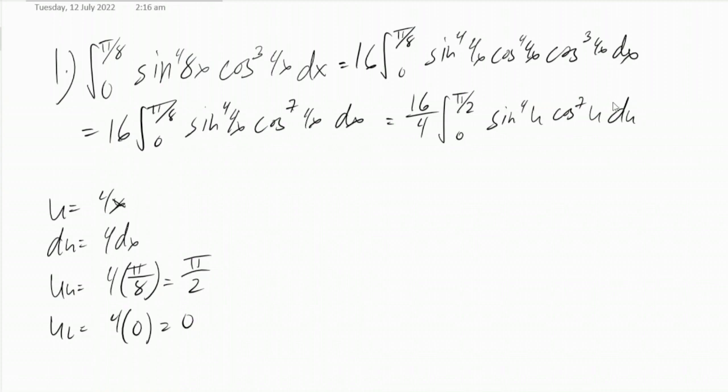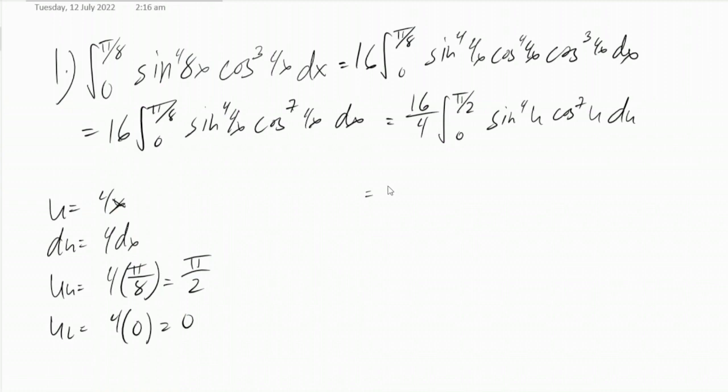Since we put 4 here, we also put 4 next to dx, so we have du. So next we will apply the Wallis formula.